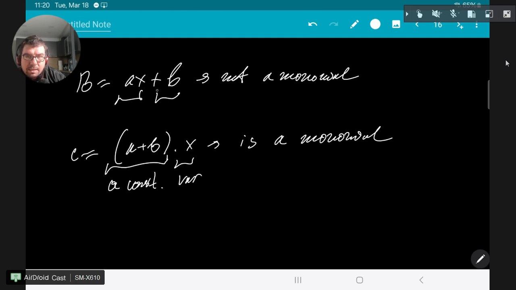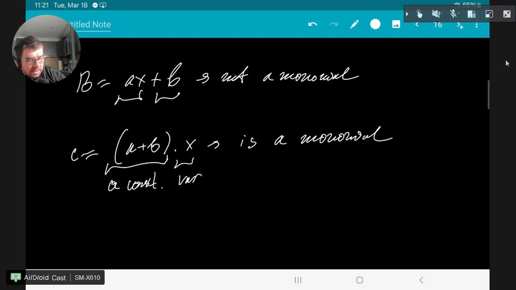But in the previous example, I had addition between a monomial and another constant. So that was not a monomial itself, but this one in c is, I have a constant times a variable, okay? A plus b counts as a single number, because basically I'm adding two numbers.